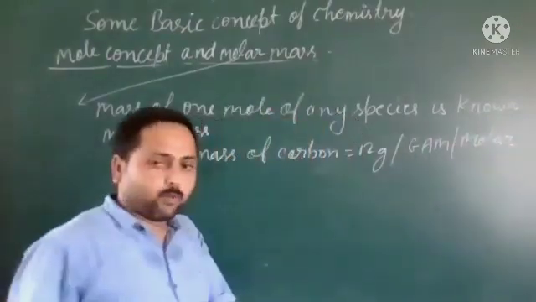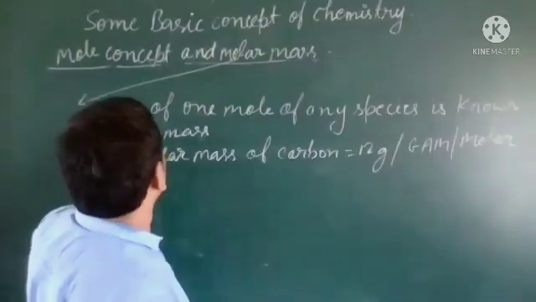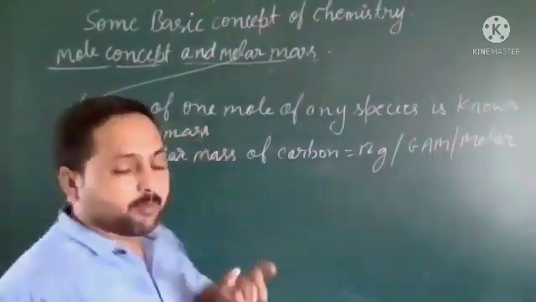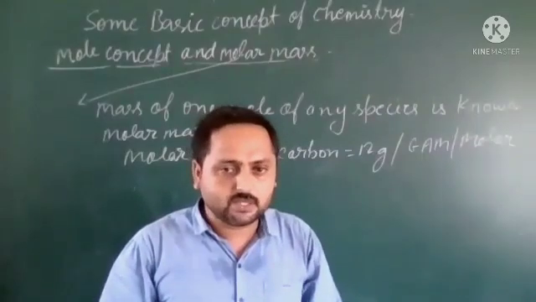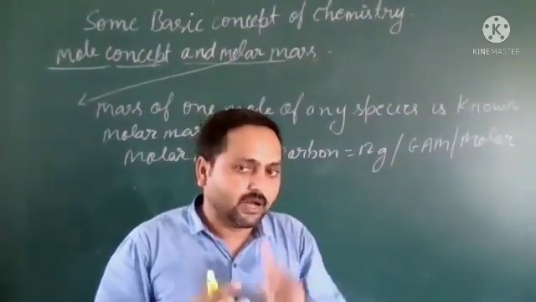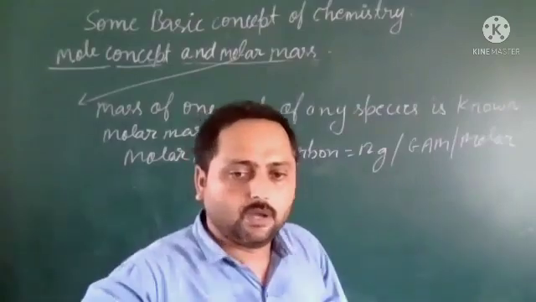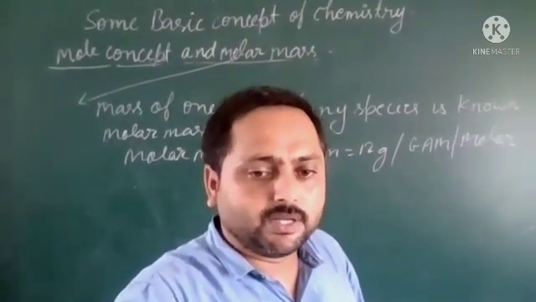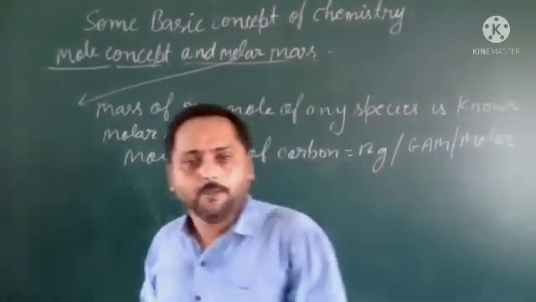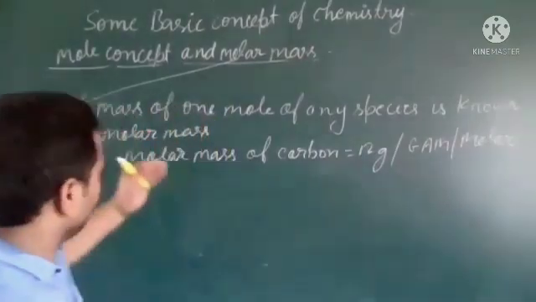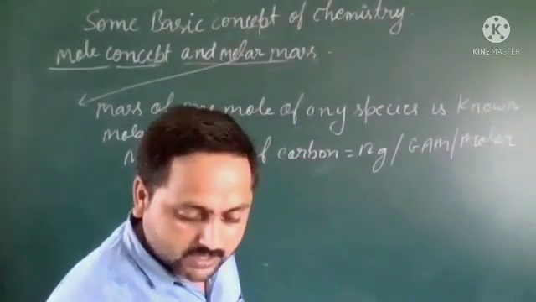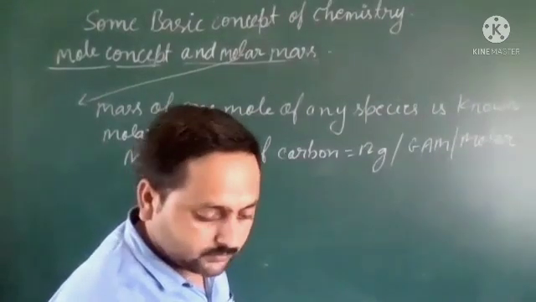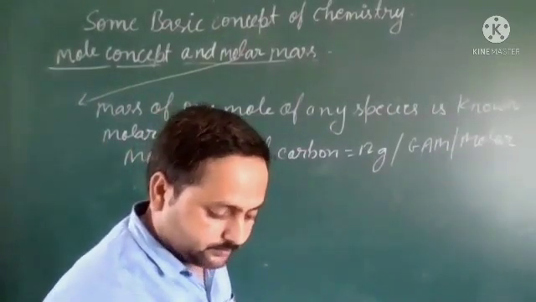One point you remember here: if it is a molecule, we will say molecule. If it is an ion, we will say ion. If it is an atom, we will say atoms. So you remember this. Sir, related to this, some questions we can solve, then things will be clear. One question here.